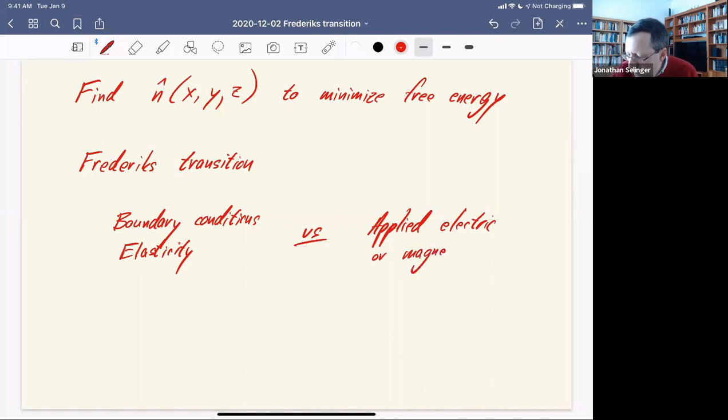The point is that the boundary conditions and elasticity favor one sort of director field. The applied electric or magnetic field favors a different configuration of the director. So these two things are fighting against each other, and we want to get the best possible compromise to minimize the free energy. Let me show you a few different versions of this. I have 2 or 3 versions to show you in this class.